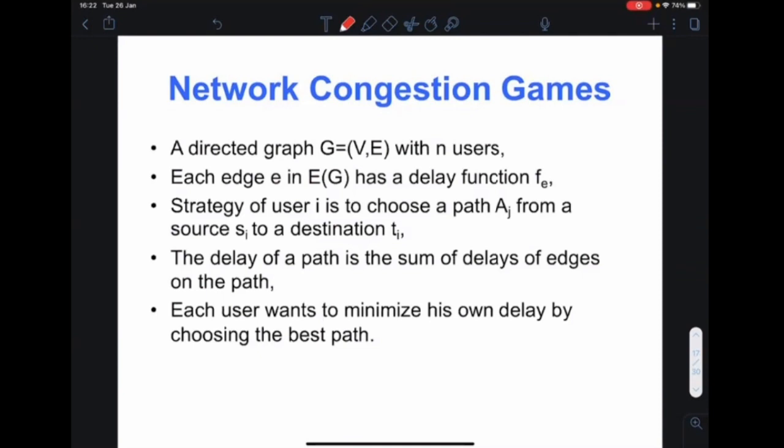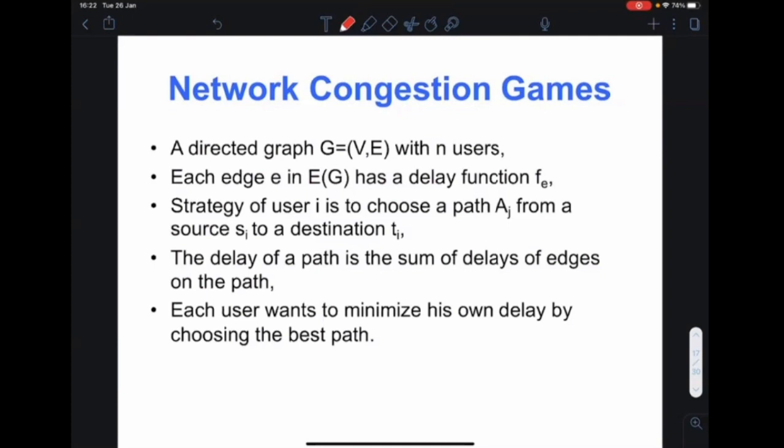And the user basically wants to minimize his own delay by choosing the best path, right? You don't want to go to the destination on one of the most jammed roads. You would rather pick the road which has fewer vehicles.